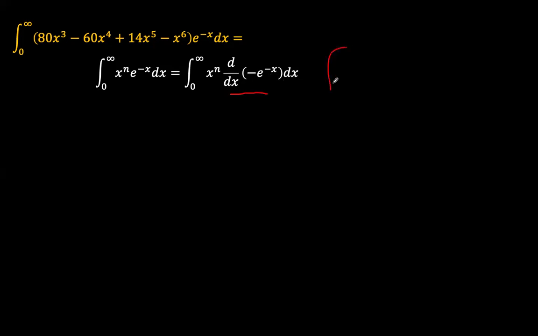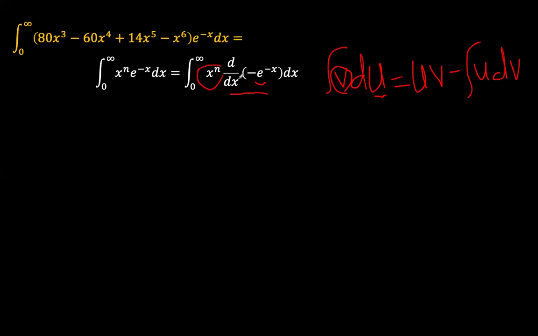Using integration by parts, where the integral of U dV equals UV minus the integral of V dU, here V is x to the power n and U is negative e to the power negative x.